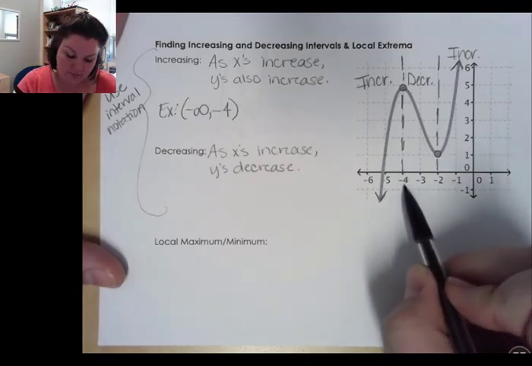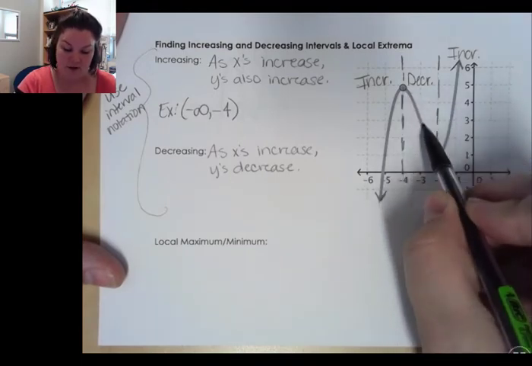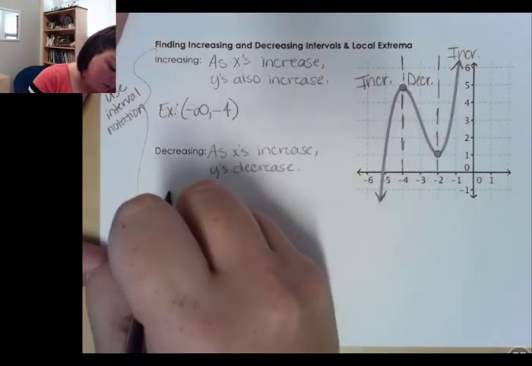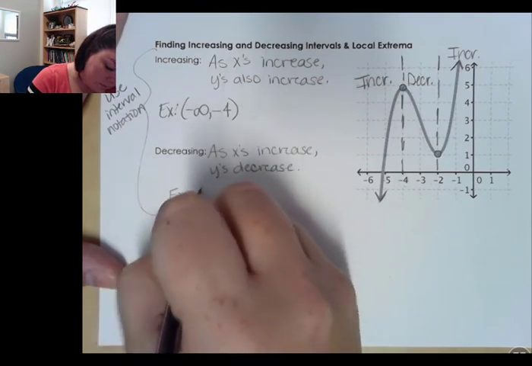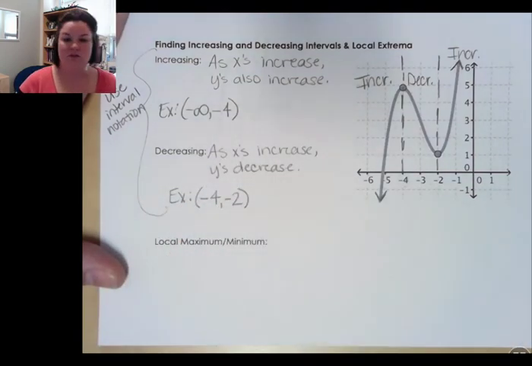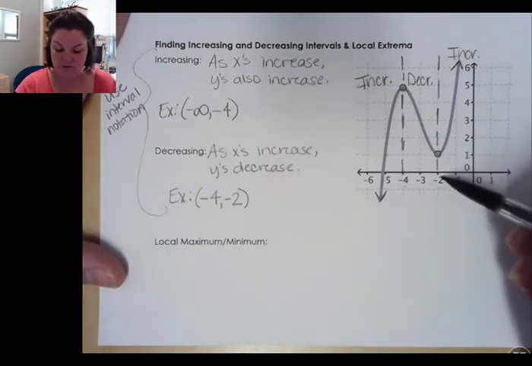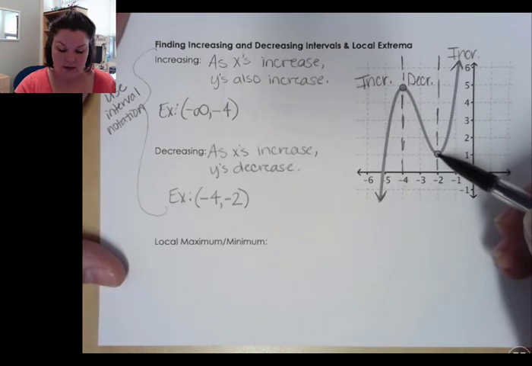So from -4 to -2 is where my function decreases. And again, I'm not going to include -2 because that's a turning point. It changes from decreasing back to increasing.